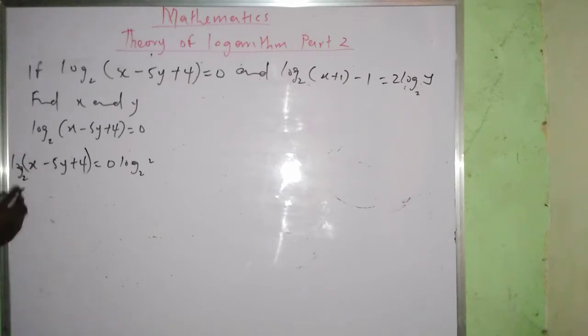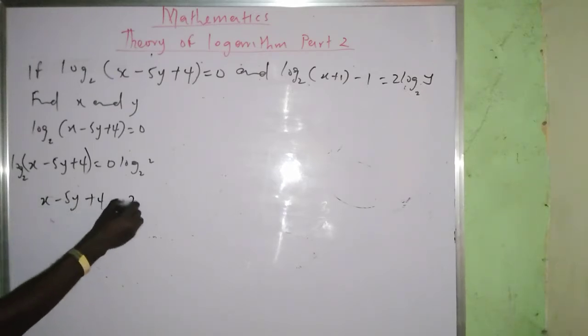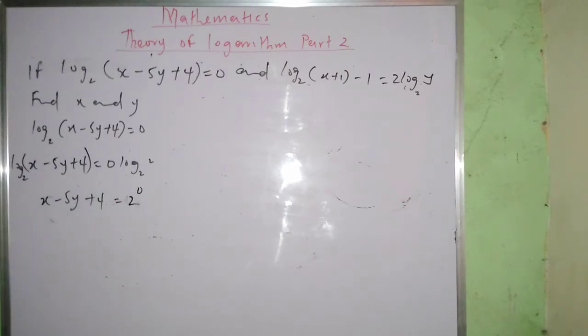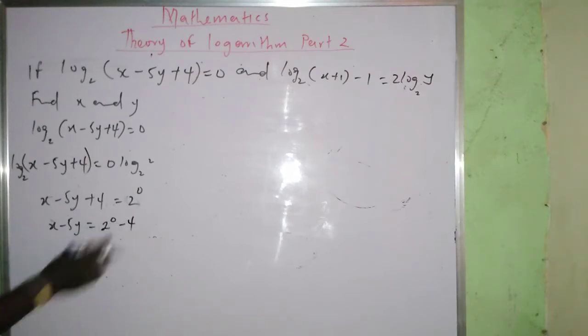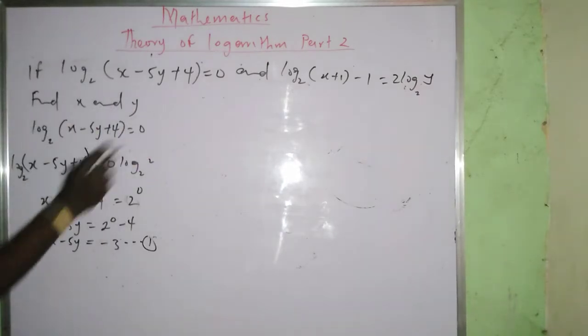Since this equals this, with the same base 2, my x minus 5y plus 4 equals 2 raised to the power 0. Any number raised to the power 0 is 1, except 0 itself. So x minus 5y equals 1 minus 4, which is minus 3. That is equation 1.